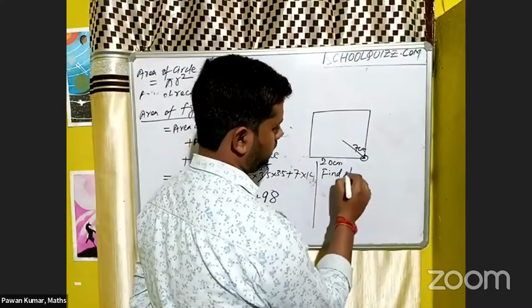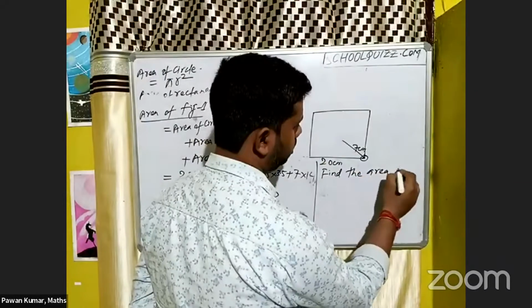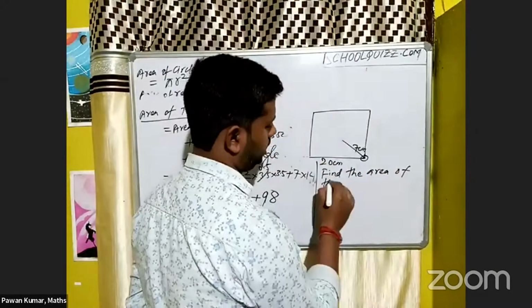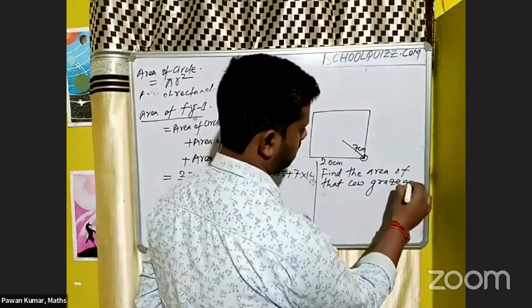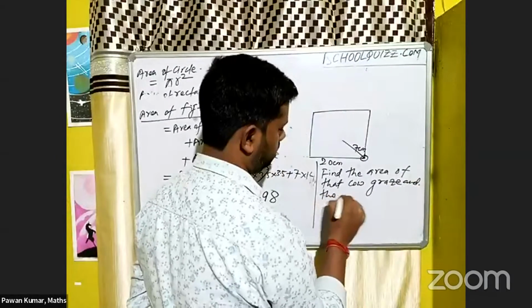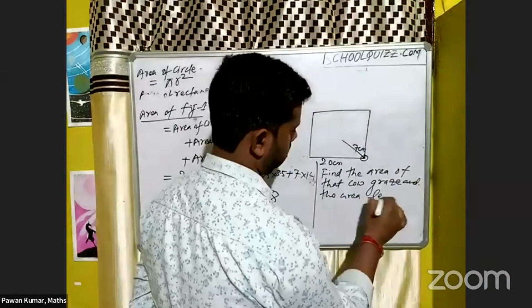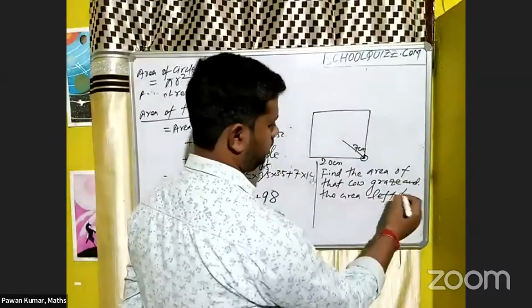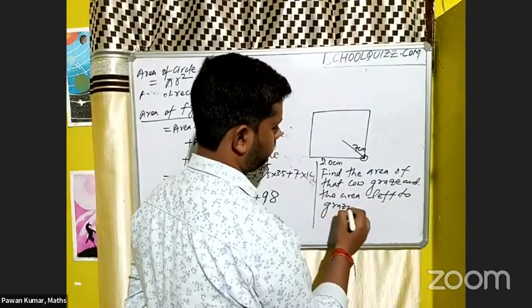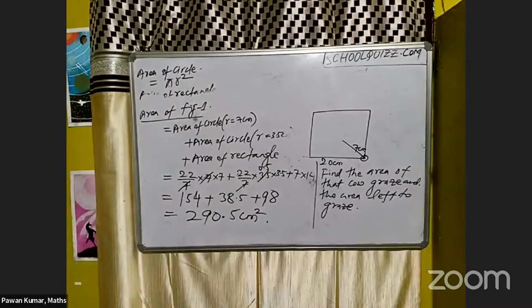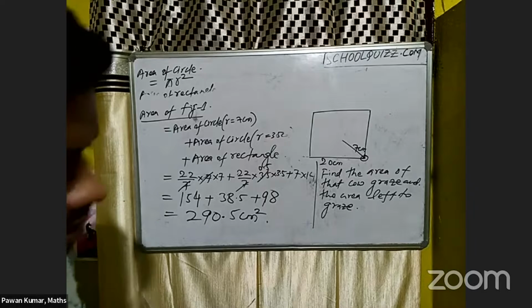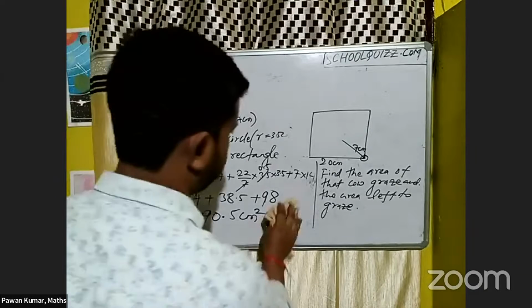Find the area of that cow graze and the area left to graze. Make it fast. So try to think on these questions. Did you understand the question? Sir, repeat again.